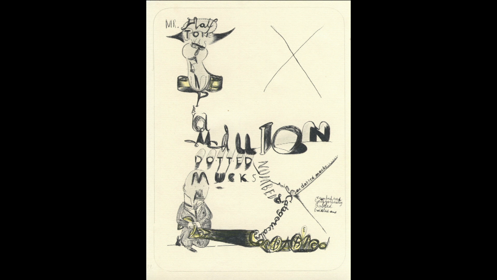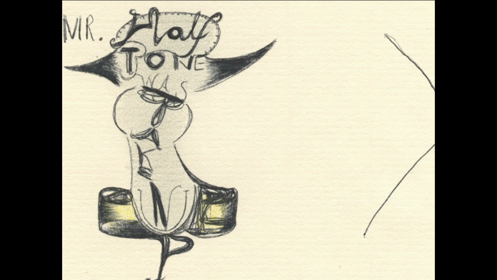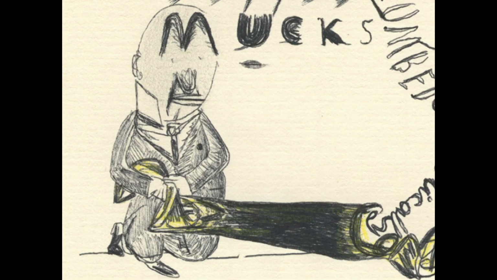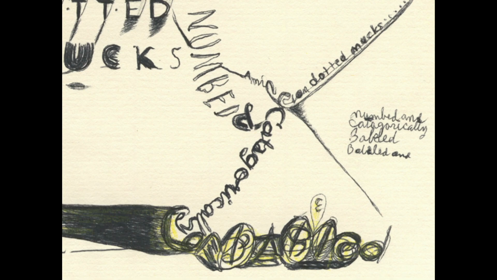If you look at this page, it says Mr. Halftone was taken up by a million dotted mucks, numbered and categorically combuckled, which is actually a made-up word that's half German.